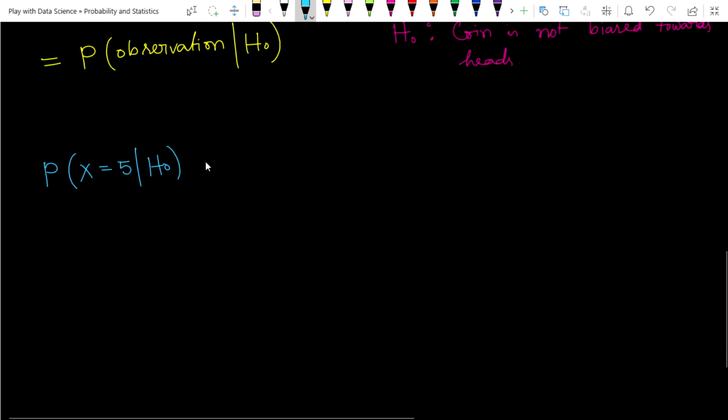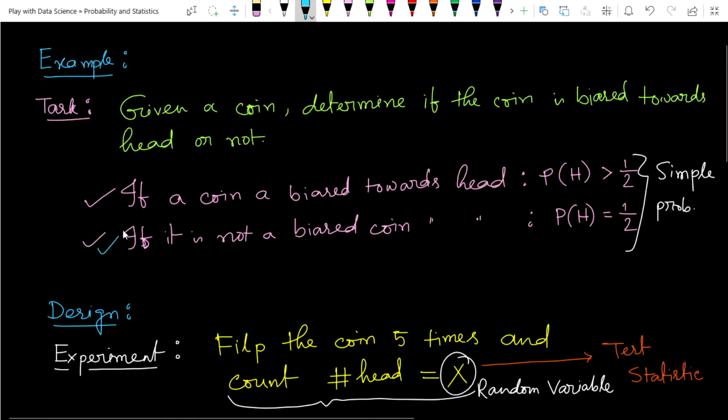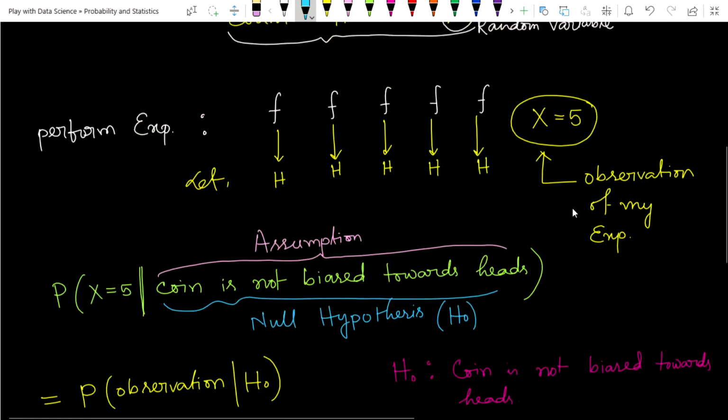Now try to understand this. Suppose we perform this coin flip 5 times. If our coin is not biased towards head, that means the probability of getting a head is equal to half.